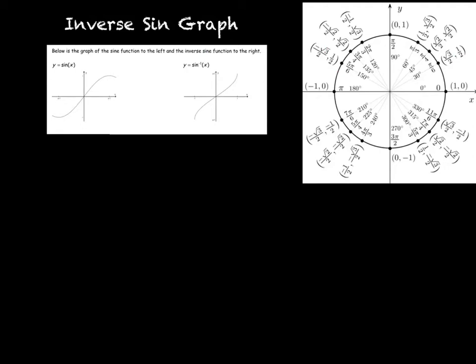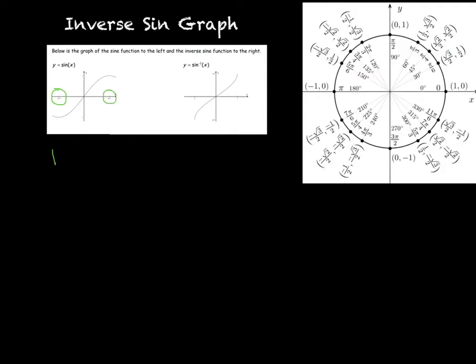All right, now that's probably confusing for you. It's not a major thing that you completely understand that, but what is important is to pay attention to the domain and range of the original function and the domain and range of the inverse. So let's take a look at this. Let's say the domain of the original function is going to go from negative pi over 2 to pi over 2.